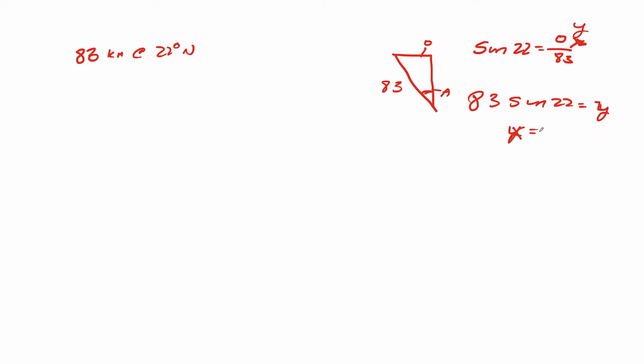I had that right the first time. It's going to be 31.1. 31.09 rounded to 31.1. And therefore my y is going to be 83 cosine of 22, and that's going to equal my y value, which is adjacent. So 83 times cosine of 22, that'd be 76.95, or 77.0.